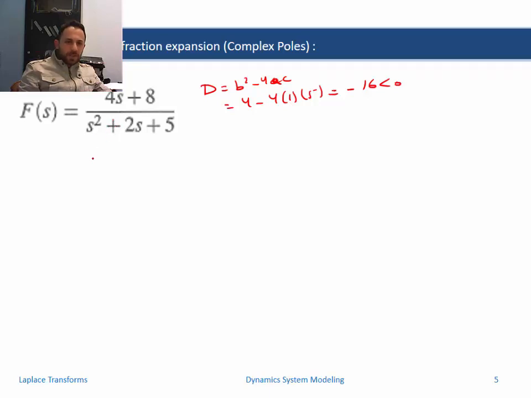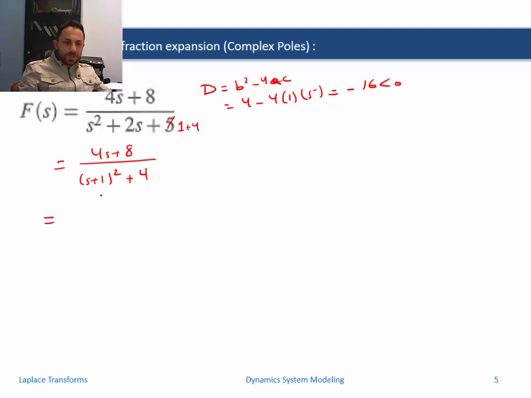However, you can do complex factorization, but I prefer to convert it into something similar to the table, which is 4s plus 8. Now I can factorize this. This is s squared plus 2s, and I can make this 1 plus 4. Then s squared plus 2s plus 1 is s plus 1 squared plus 4.